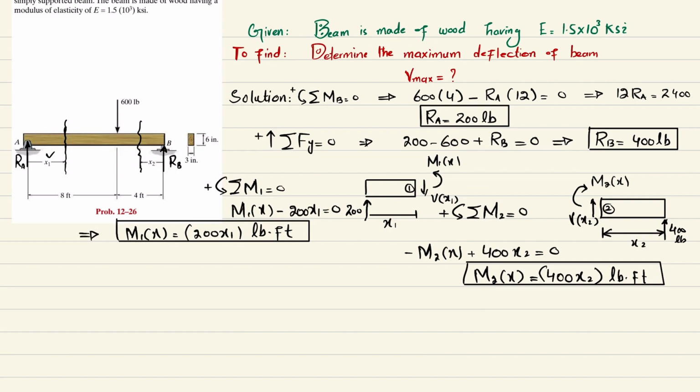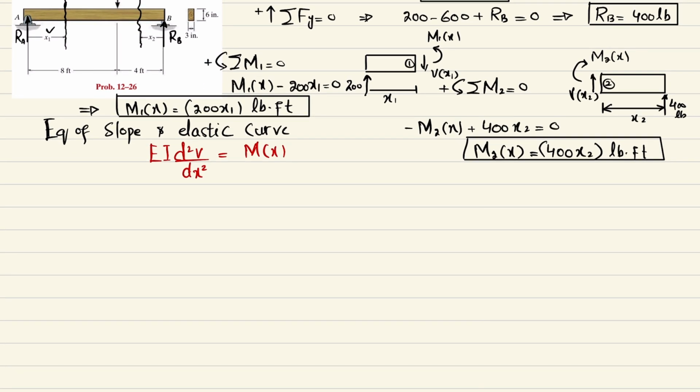So what we will do is use the equation of slope and elastic curve, because we need the equation of slope in order to find the maximum deflection. This equation is EI into d square v over dx square is equal to m of x, where v is deflection. So for the x1 coordinate, we will write this equation in terms of x1.